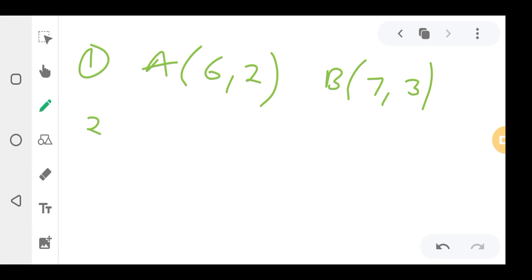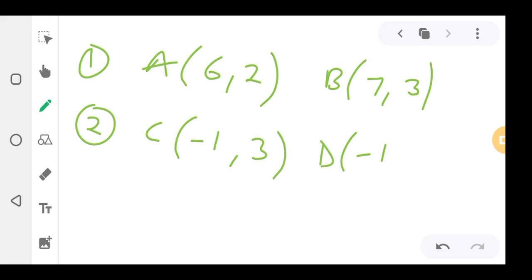That's the first question. Question 2: the gradient of CD, C is (negative 1, 3), D is (negative 4, negative 1).